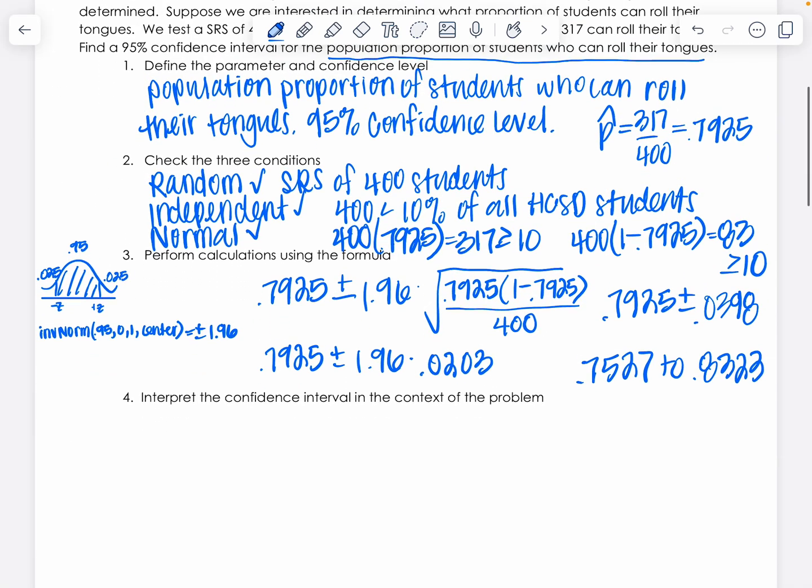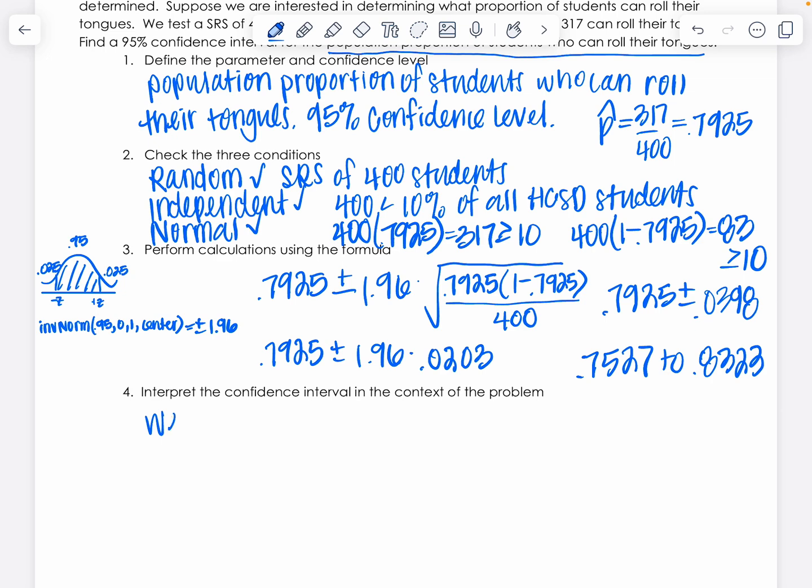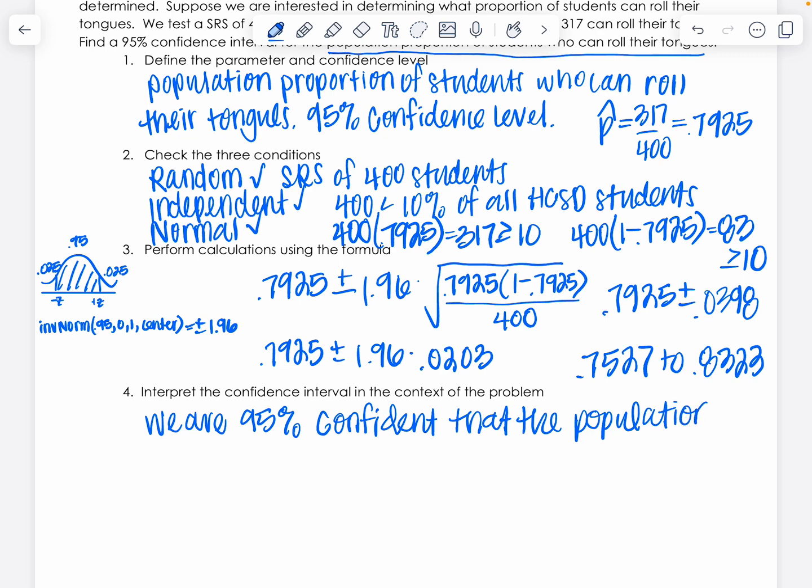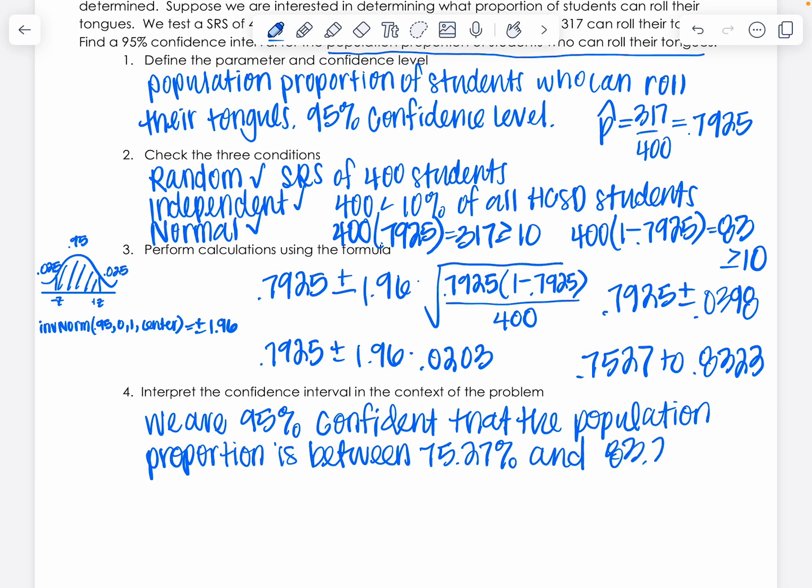All right. So to interpret that, I will say we are 95% confident that the population proportion is between 75.27% and 83.23%.